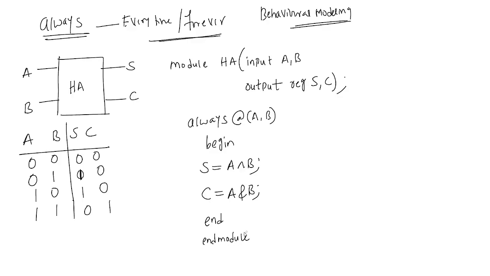So this is nothing but the sensitivity list, always at the rate. So what is the sensitivity list? If there is any change in the inputs, there is a change in the outputs. Sensitivity list is nothing but if there is any change in the input, there is a change in the output.